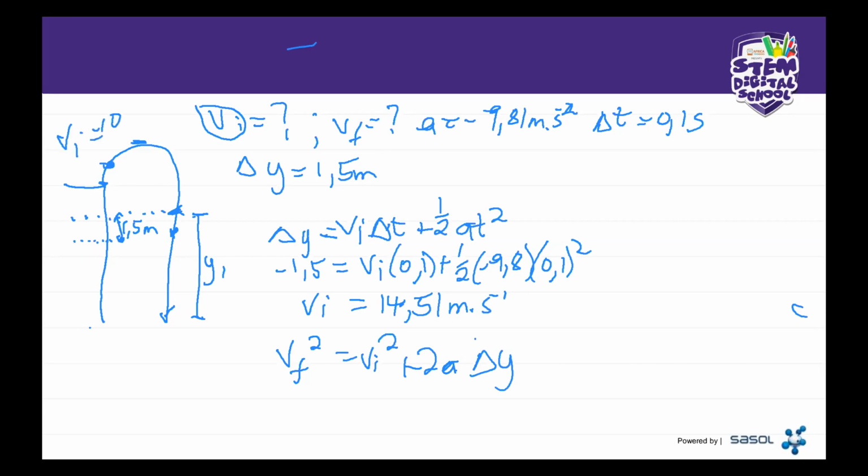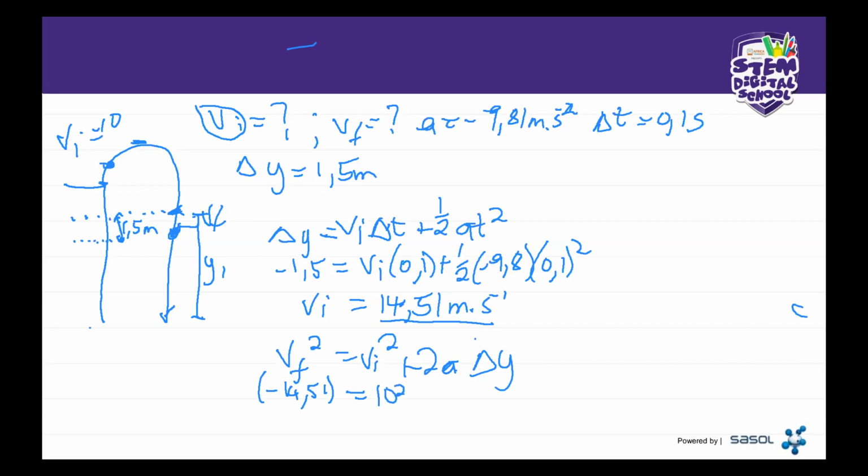And if it's this side, this is our final velocity, which is Vf. Okay. So we already calculated that, which was 14.51. So it's going to be minus 14.51. And why do we have it as minus? Because we chose our positive direction to be the upwards motion, and this one is a motion that's going down.